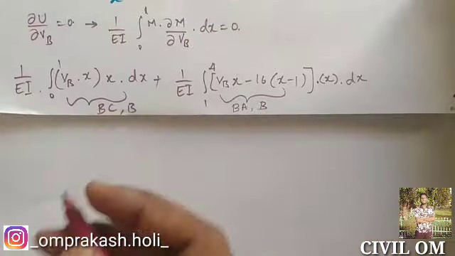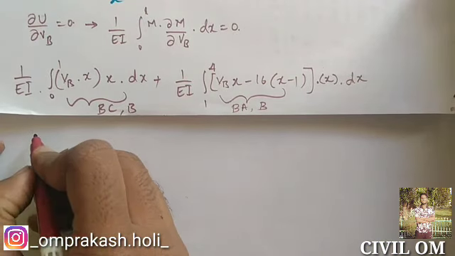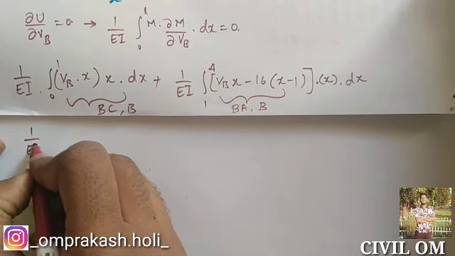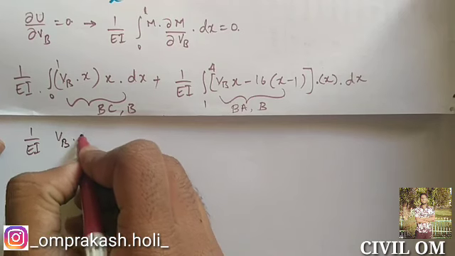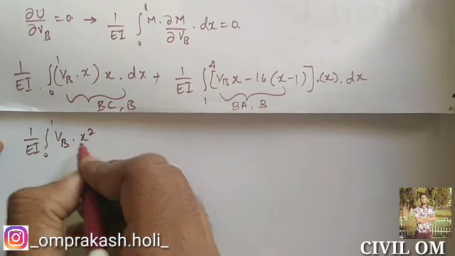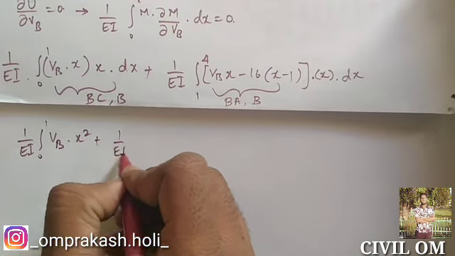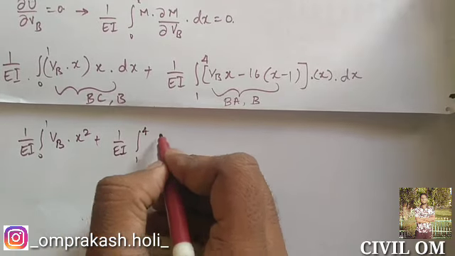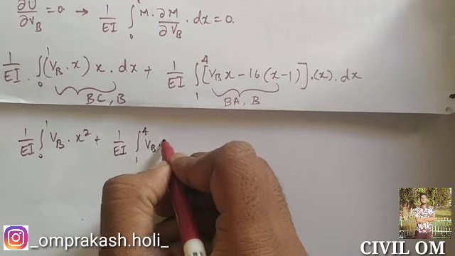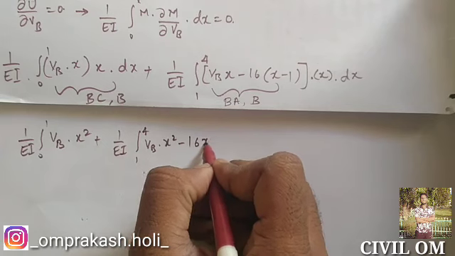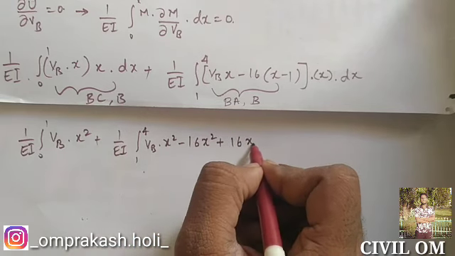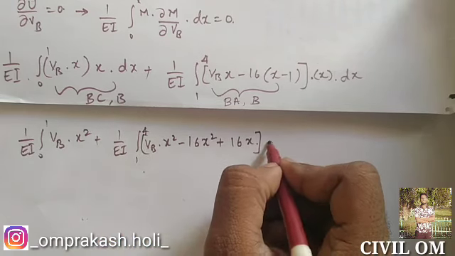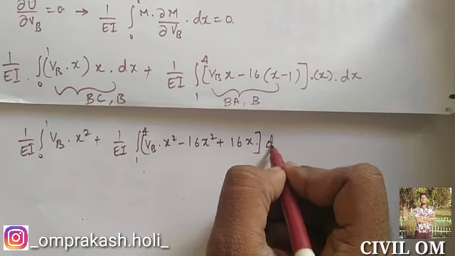So friends, now let's integrate this. After integrating, what we'll have is 1 upon EI, integral 0 to 1 of VB into x square, plus 1 over EI, integral 1 to 4 of VB into x square minus 16 into x square minus 16 into x, with respect to x.